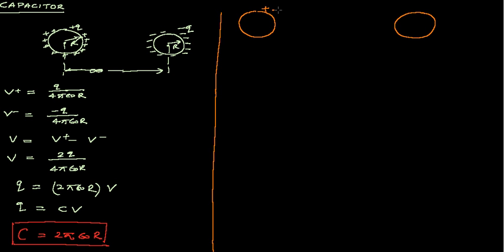One is positively charged, another is negatively charged. The radius of this sphere is a, same as this. The distance between these two spheres is b.